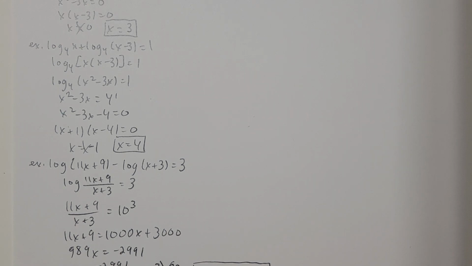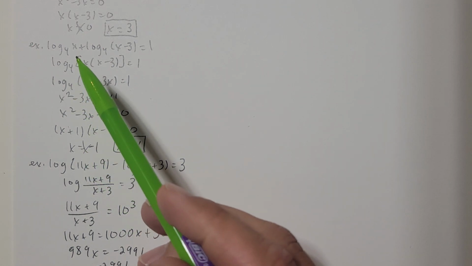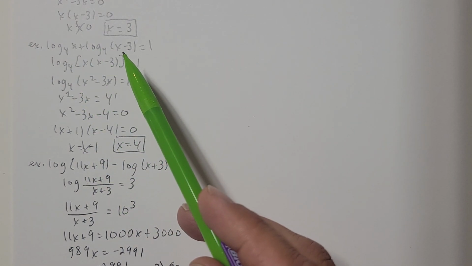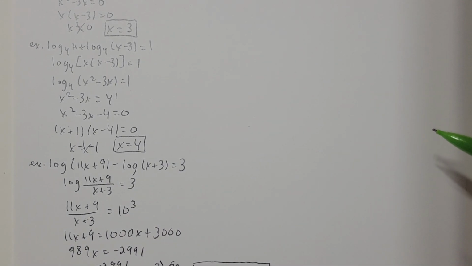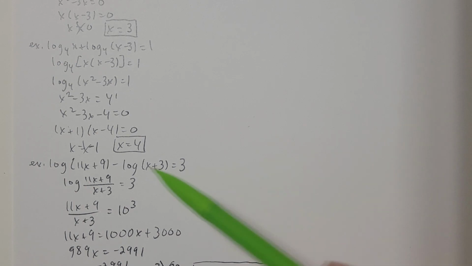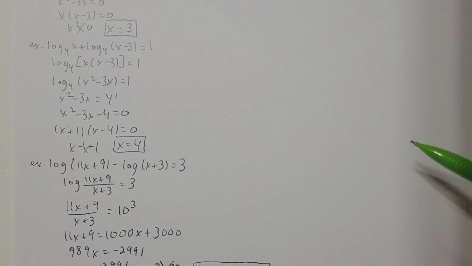And I'll need to check those, right? So x equals -1, that's no good because I can't take log of a negative number. By the way, one thing to mention here. Just because x is negative doesn't mean I immediately throw that number away. You can sometimes have a negative answer with logarithms, okay?